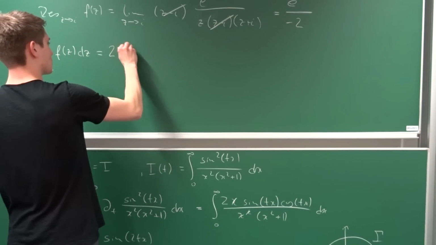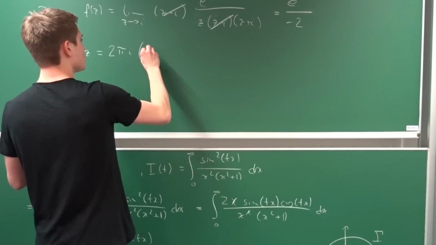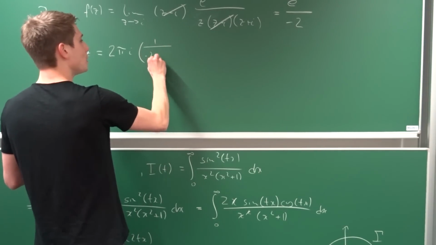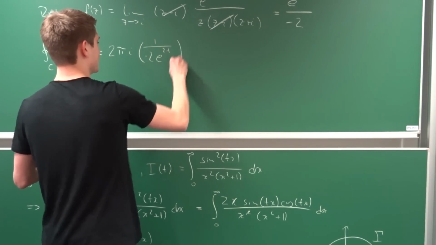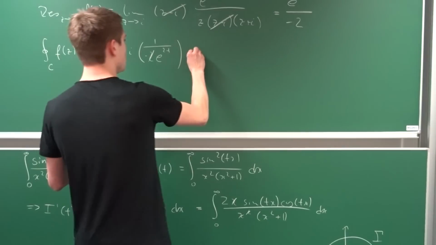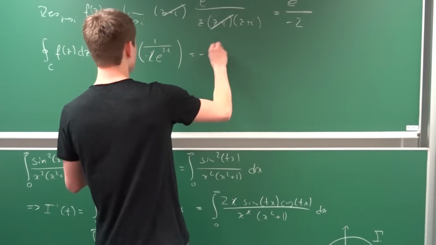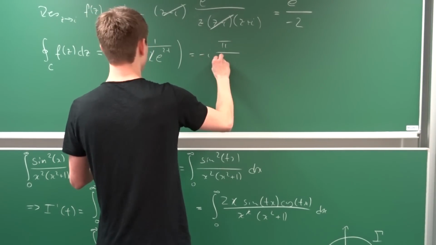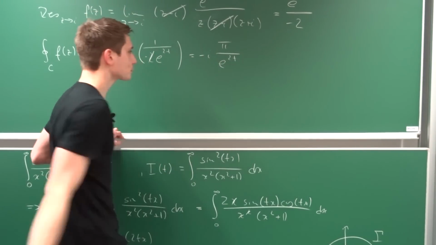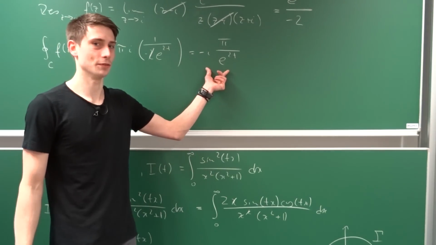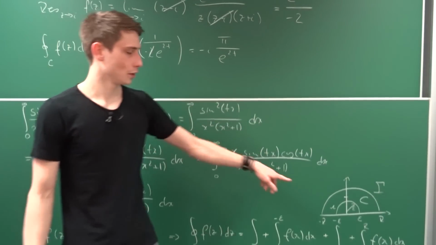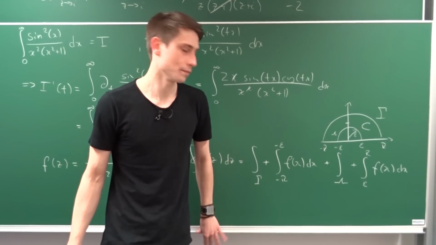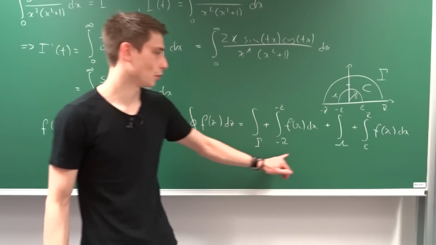Well, this is 2 times pi times i, times 1 over minus 2 e to the 2t. This 2 and this 2 cancel out, and all in all we have minus i times pi over e to the 2t. So that's the value of our contour integral, and it's equal to all this chunk.